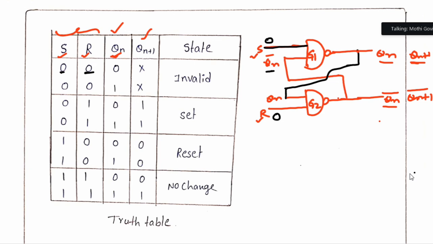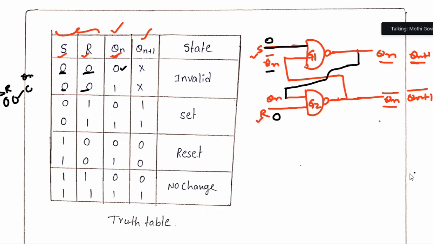Hence I am assuming, whenever I give 0 0 as my input, if my past output is 0, what is my next state? And with the same 0 0, if my past output is 1, what is my next state? Because I am giving only 0 0, which is the present input, and I don't know the past output.